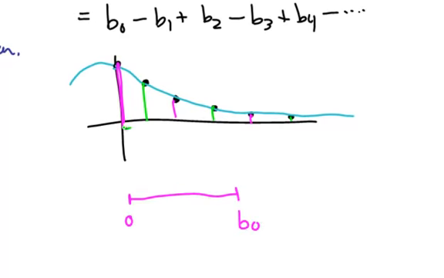But then when I add the first two terms, I'm going to go backwards b1. And so this point right here represents b0 minus b1. But then I'm going to add b2, and that's going to put me right here. But then from that, I'm going to subtract b3, and that's going to put me right here.